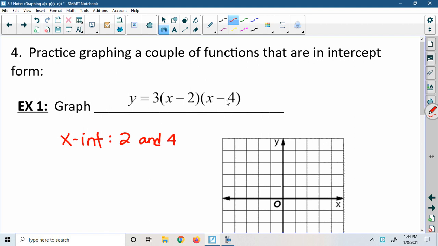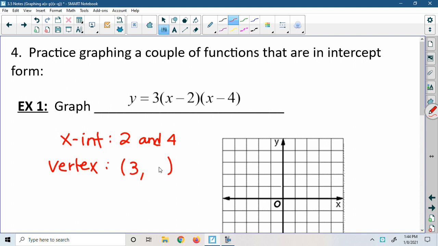Remember, whatever the p and the q numbers are, you reverse the signs on those. From there, you want to figure out what your vertex is going to be. Just like you wrote down a second ago, the x-coordinate of the vertex is going to be exactly between the two x-intercepts. So halfway between 2 and 4 would be 3.